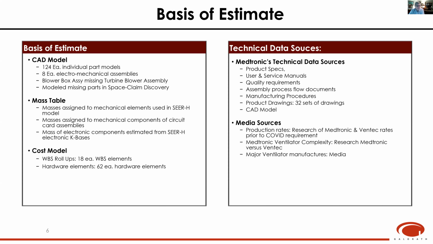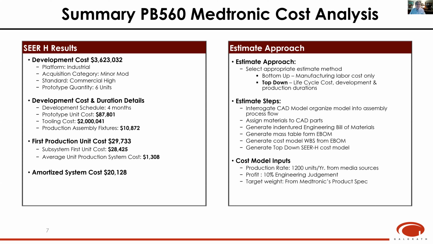Now, what we suspected was that we would be able to show that medical devices could be developed quicker and at a lower price than they were currently being sold on the market today. Well, lo and behold, we used our SEER for hardware model along with SEER for manufacturing. We came up with a research and development cost of about $3.6 million, which frankly is right in line with what we think is happening today.